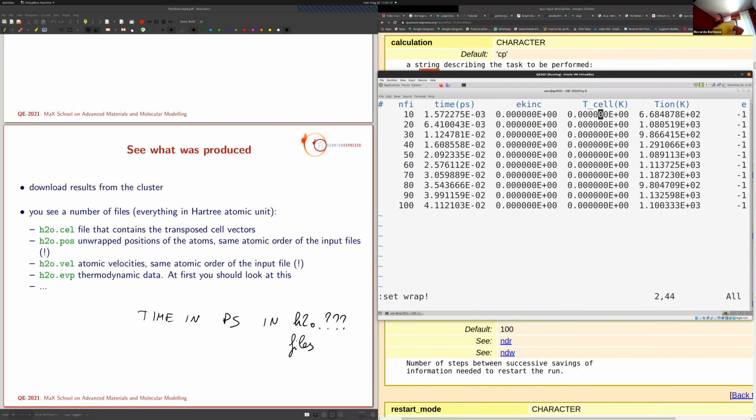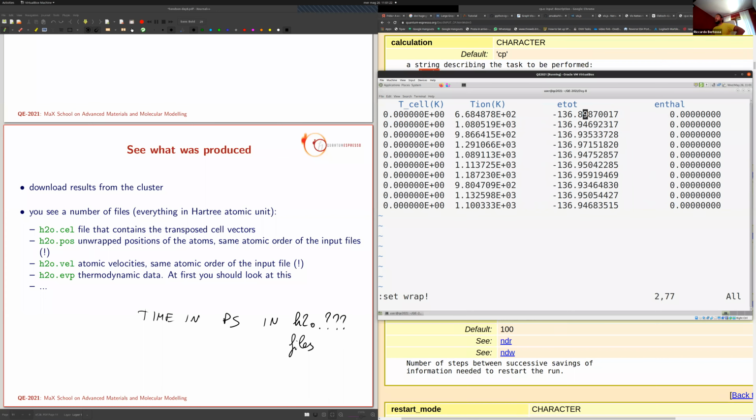Then the temperature of the cell, if you are moving the cell, for example, then the temperature of the ions, that is something that we are really interested in. Then you find the potential energy of the system, the DFT energy.